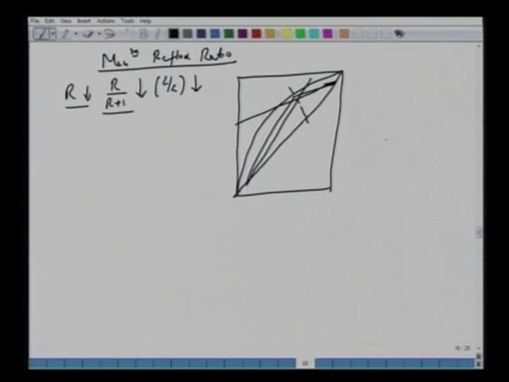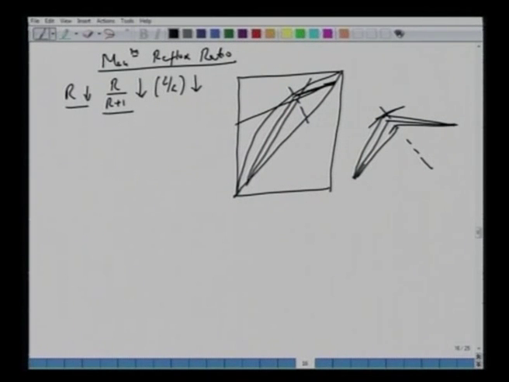All right. So if you try to enlarge here, then you have this Q line, and the two operating lines intersect here. At the minimum reflux ratio, or as the reflux ratio decreases, the slope will decrease and this point will move upward till it makes a pinch with the equilibrium curve.